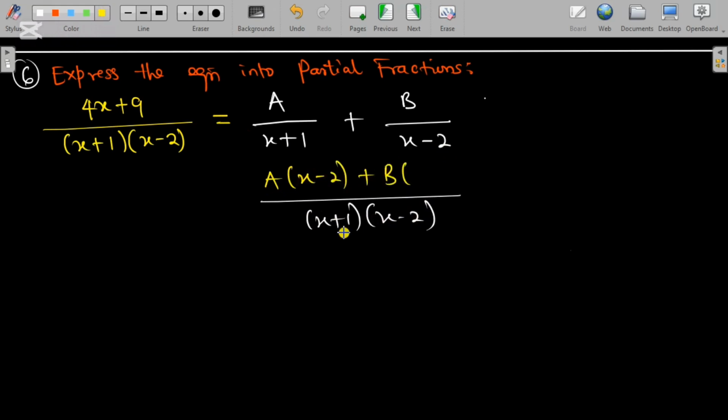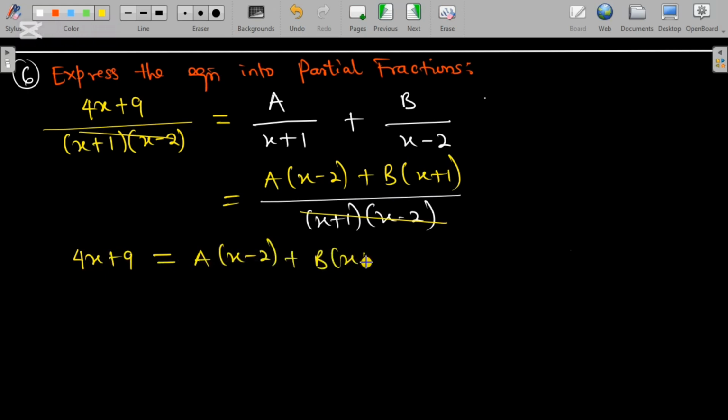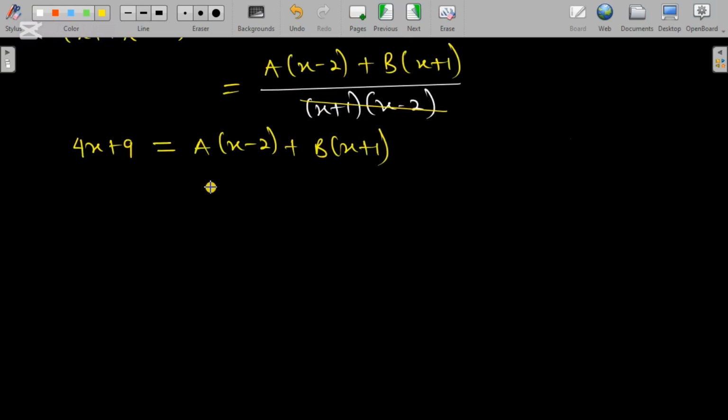The x minus 2 will divide, you get x plus 1 here, and then immediately on both sides the denominators will cancel. Okay, so we just have 4x plus 9 equal to a into x minus 2 plus b into x plus 1. Okay, so what do you do next to get your a and b?